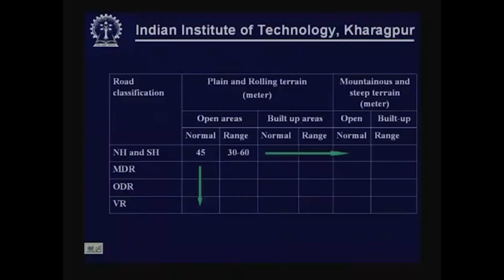So, again these recommended values will be lesser once we move from national highway and state highway to MDR, major district road, to ODR and also to village road. So, obviously the recommended values will be lesser.